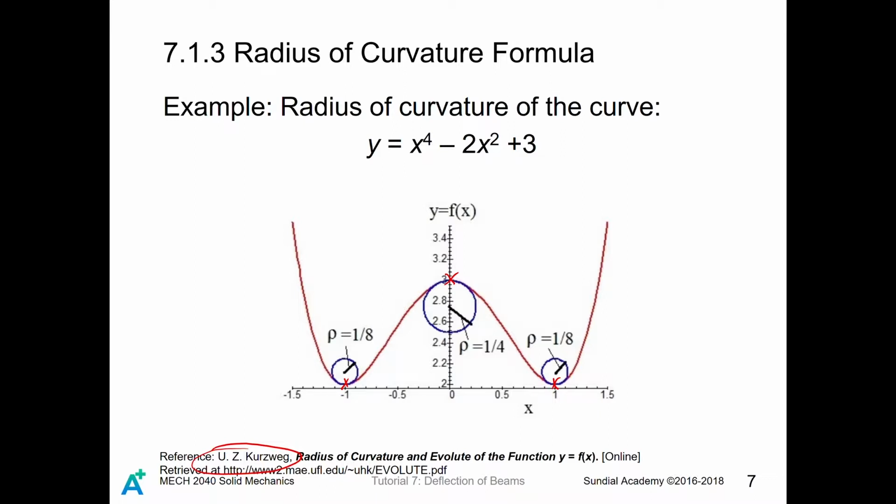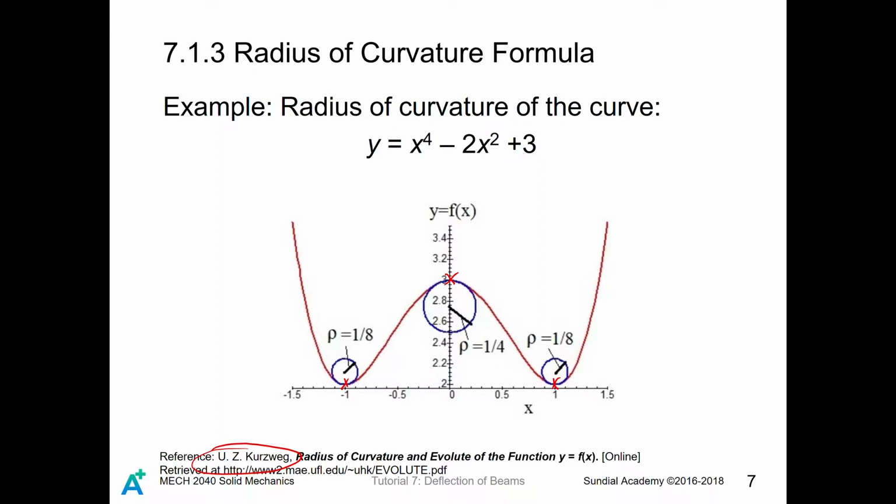I found this picture from his website. You may want to have a look for more information about radius of curvature. Basically, it is talking about the radius of curvature of the curve at some specific points. Say at x equals minus 1, the radius of curvature for this curve is 1/8, and the same for the rest of them.